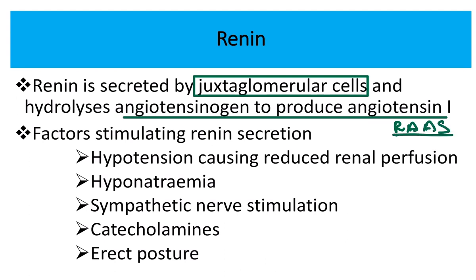Some factors increase the secretion of renin, first of all hypotension. When there is hypotension, it causes reduced renal perfusion. That means when blood pressure is reduced, the blood pressure in the kidney artery will reduce, and it will activate the juxtaglomerular cells, causing secretion of renin.